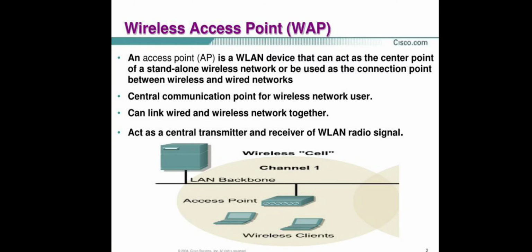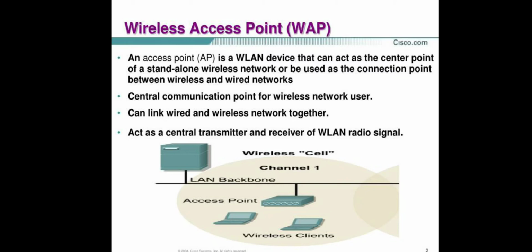Now, wireless access points, they are also known as access points or APs. It is a hardware device that establishes connection of computing devices on wireless LAN with a fixed wire network.